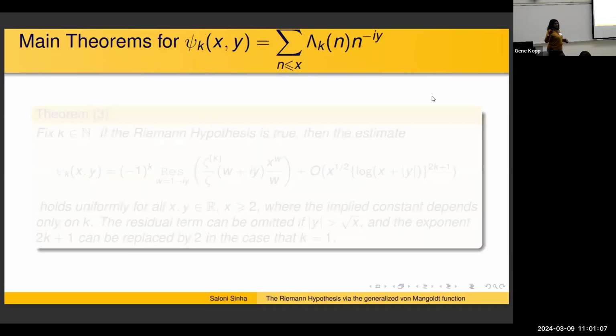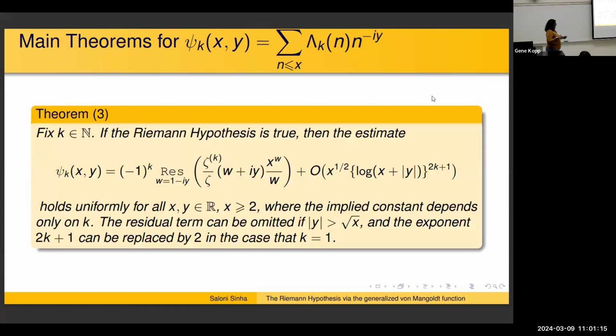Okay, and going to the third and the fourth theorems, the theorems corresponding to lambda sub k, we have basically a similar statement. Here the residue is associated with the Dirichlet series for lambda sub k, so that's the kth derivative of zeta over zeta. And then you have this error term x to the 1/2 times log of x plus absolute value of y to the power 2k plus 1.